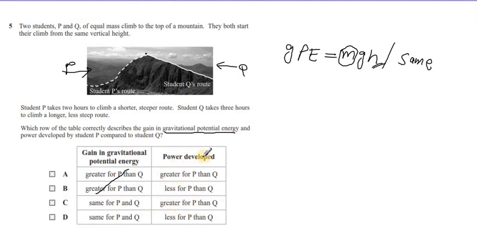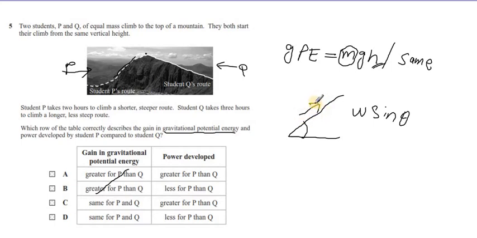we need to find the power developed, and you can see that P is going up the hill along the steeper path. Steeper means, if you see the inclined plane, the force acting on the moving object is the component of the weight, which is W sine theta, and because of the steeper angle, this force acting on P will be greater.